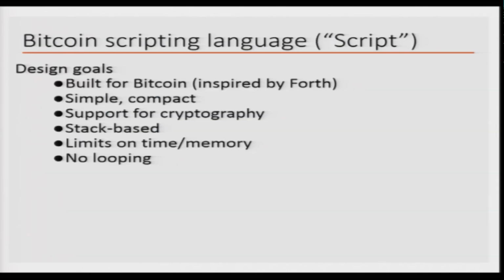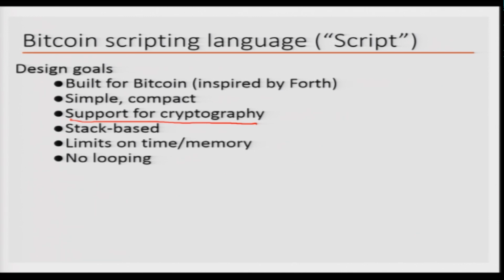The goal of the Bitcoin scripting language is to have a simple, compact way of validating transactions, and we want to keep the machinery to validate transactions very simple. That is why the language is also very simple. It has instructions to support cryptography: a single instruction to compute a hash, and a single instruction to validate a signature.